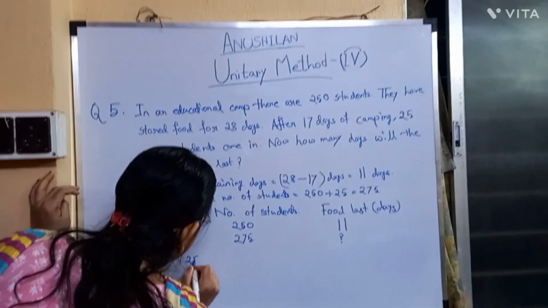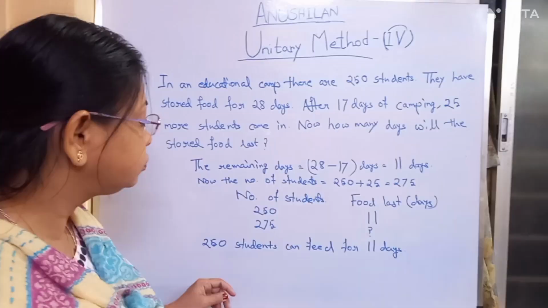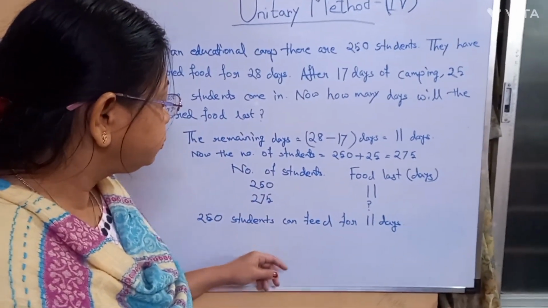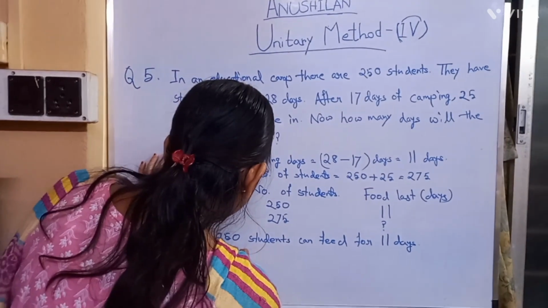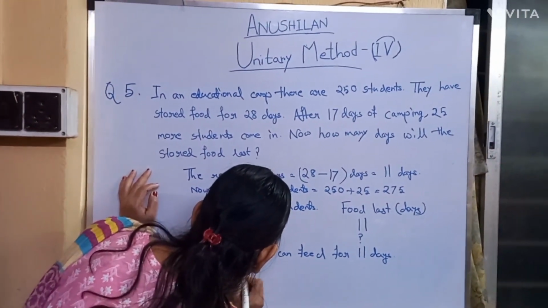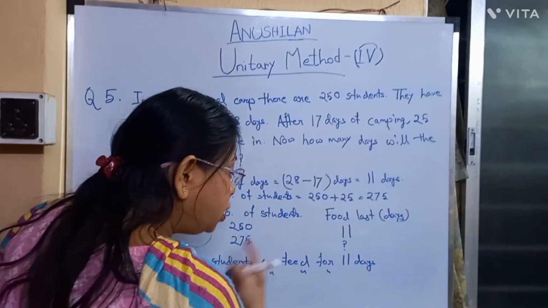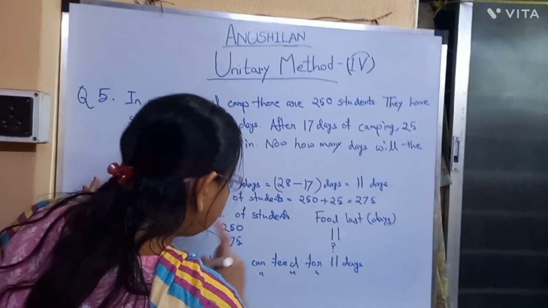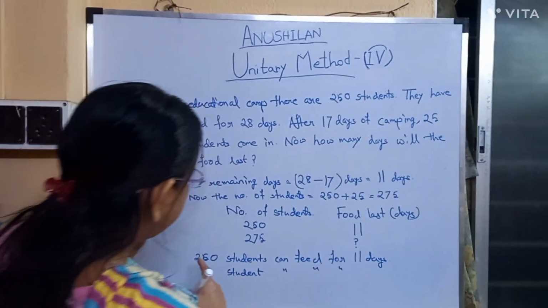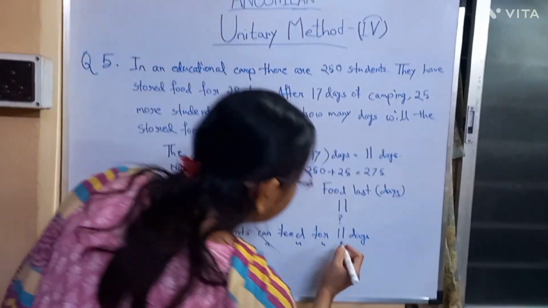Then 250 students feed for 11 days. One student can feed for, the relation is, tell me, relation is, 250 students, one student can feed for more days.